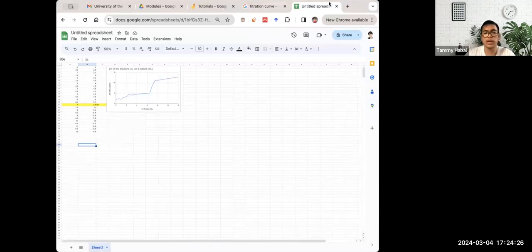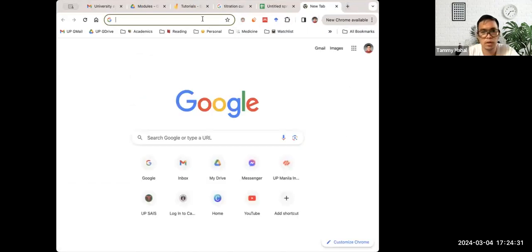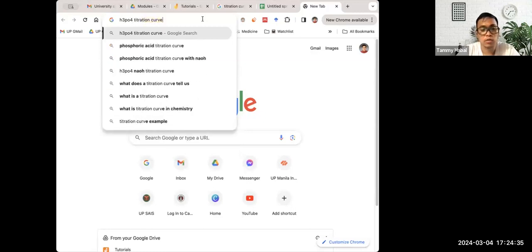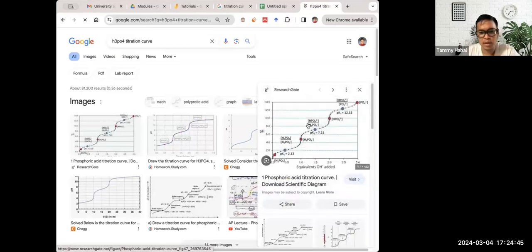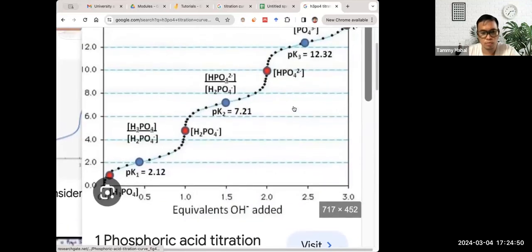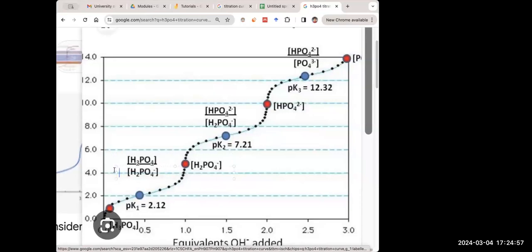Kasi ano to? Polyprotic acid. So, let's see what's the titration curve of your H3PO4 titration. This is the exciting part kasi kailangan nyo to. At pK1 of 2.2, you have a greater concentration of your acid, which is this is your acid, this is your base.